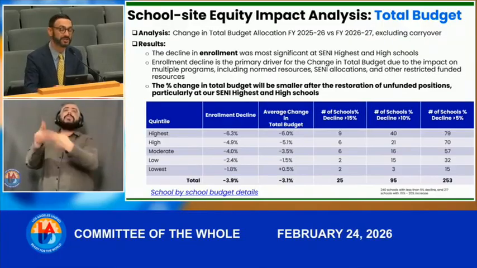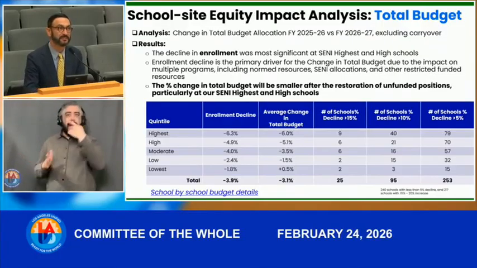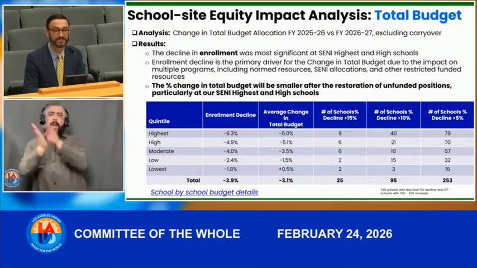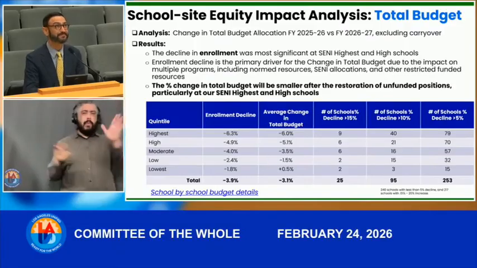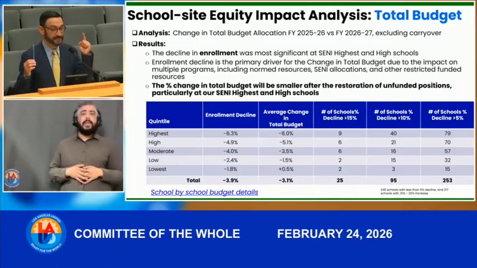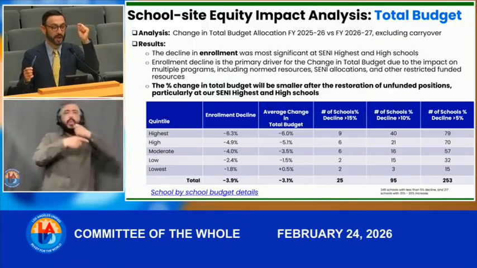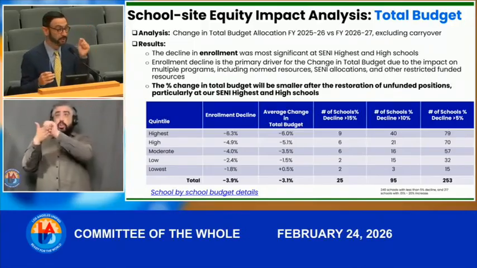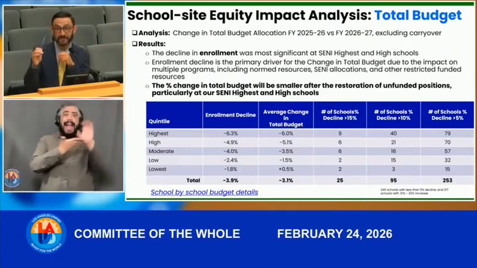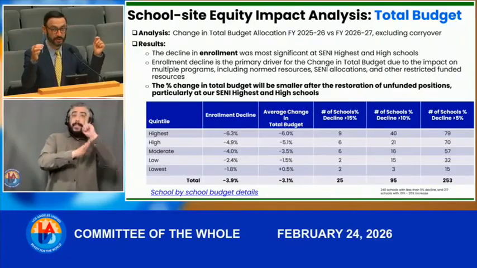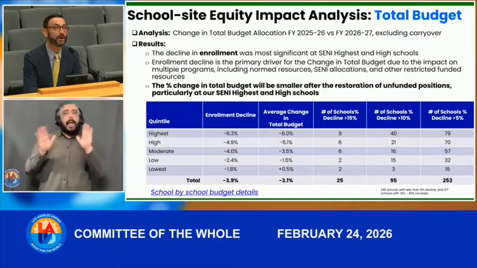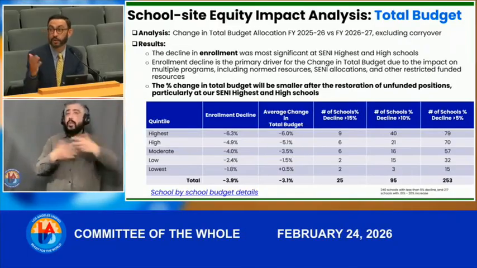And so that is why you might see, even in spite of enrollment decline, a slight increase in the overall cost of what's allocated. This is an apples to apples comparison. This is comparing the dollars that were allocated for the current school year during budget development, as well as the allocations that were provided during budget development for next school year. That way we're doing a real apples to apples comparison. What it doesn't include are any changes that happened on norm day.